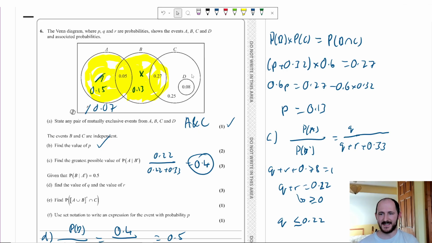And then it says and it's C. So as you can see, the only parts in C that are not in A or B are 0.25 and 0.08.